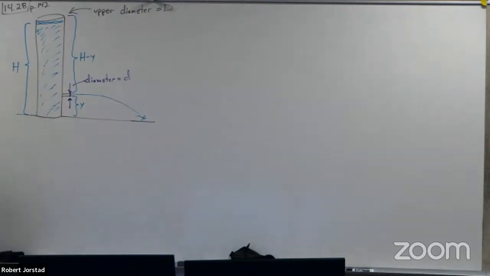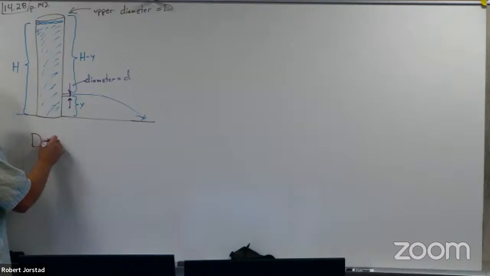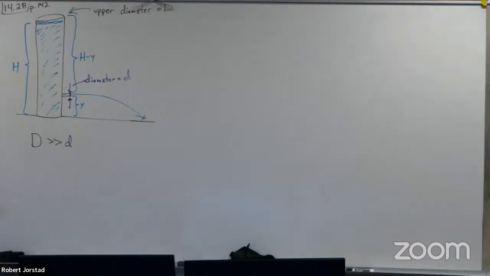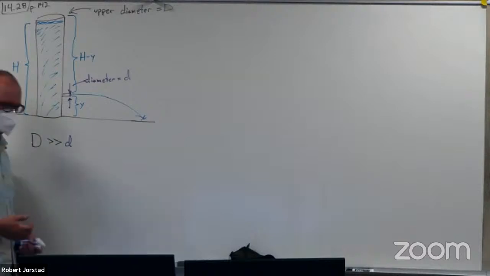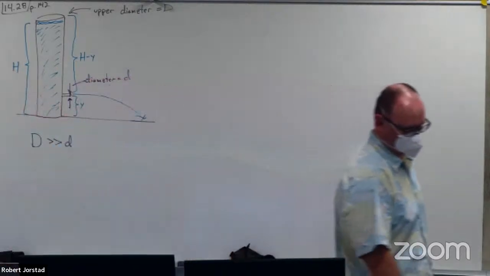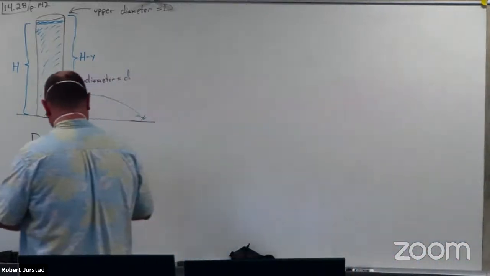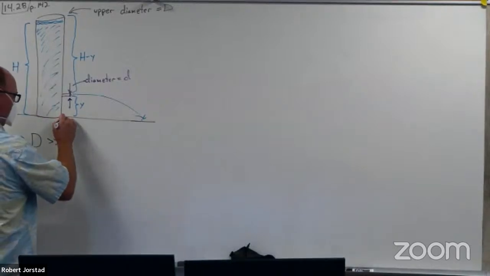And we're going to make the assumption that the upper diameter is much, much bigger than the hole. This is crucial. Okay, I'm going to try and go through this in order. Oh, and then finally, this distance here was called x.